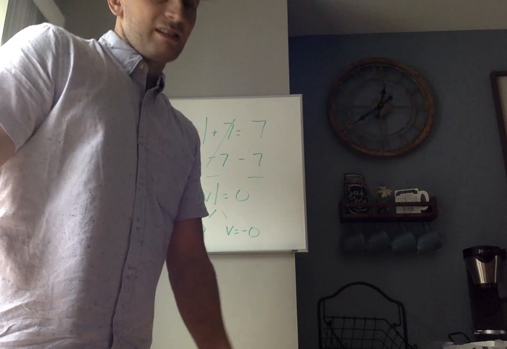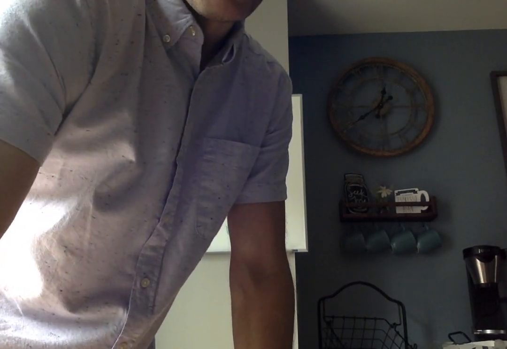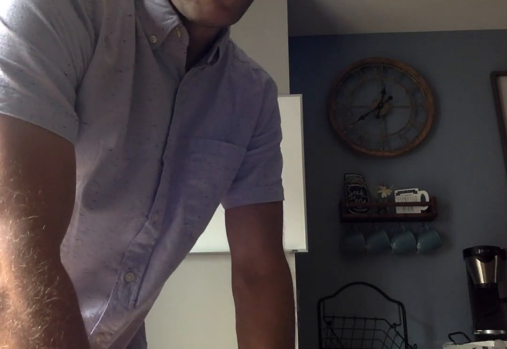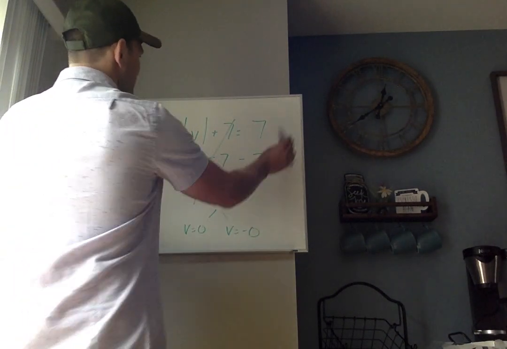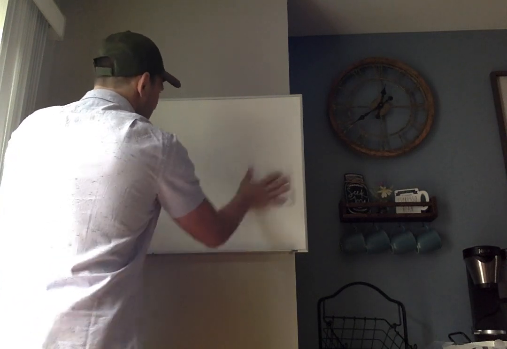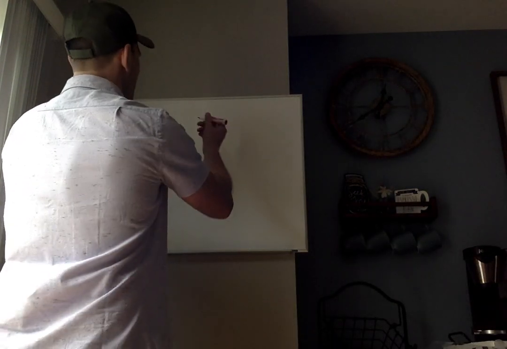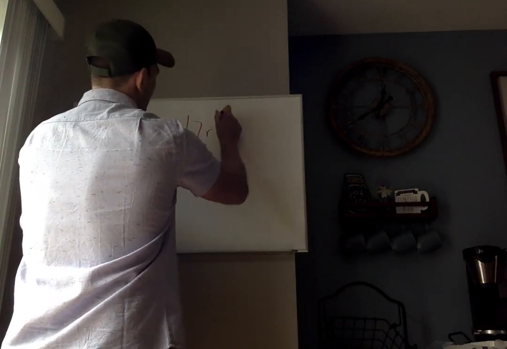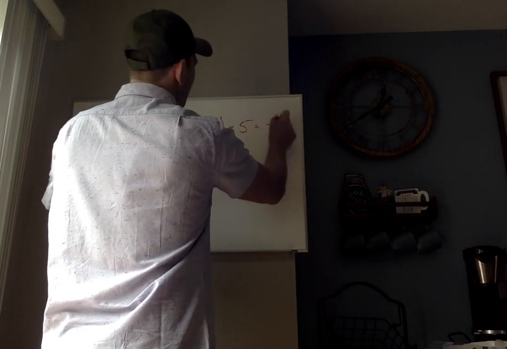Okay, so now you've seen several different problems. It pretty much stays the same, but I am going to do this one so you can see what two-step absolute value equations look like. These two-step ones are the absolute value of 7r minus 5 equals negative 5.